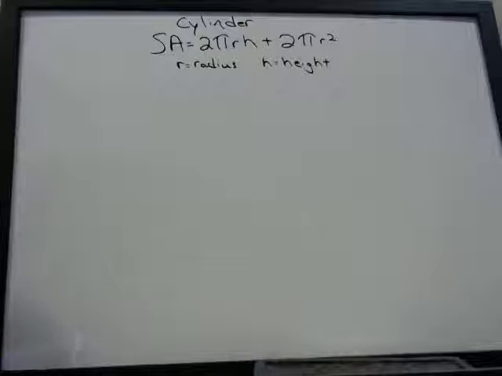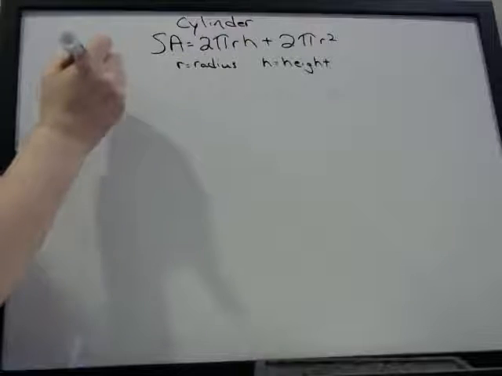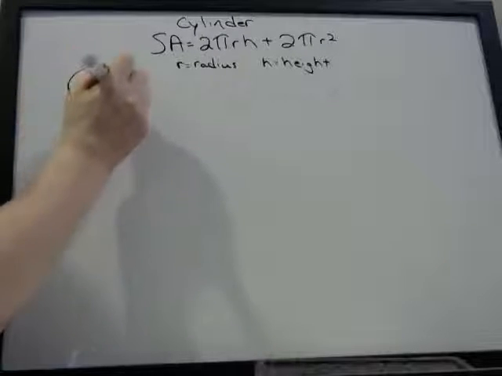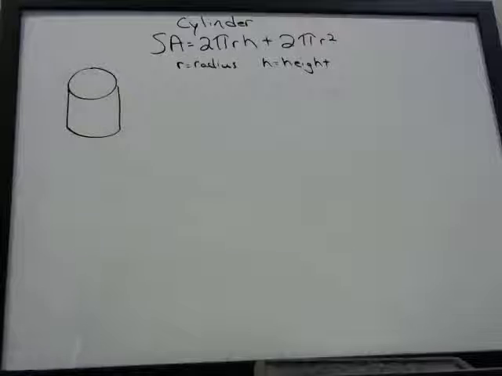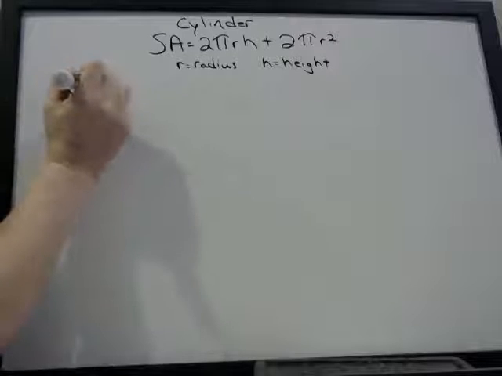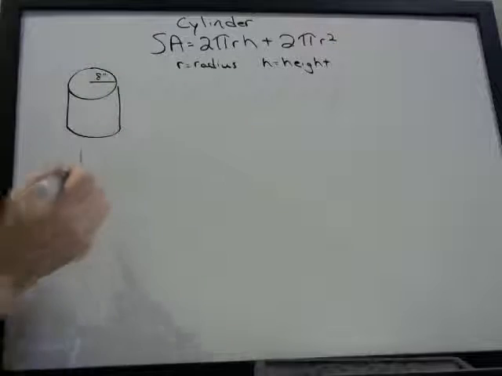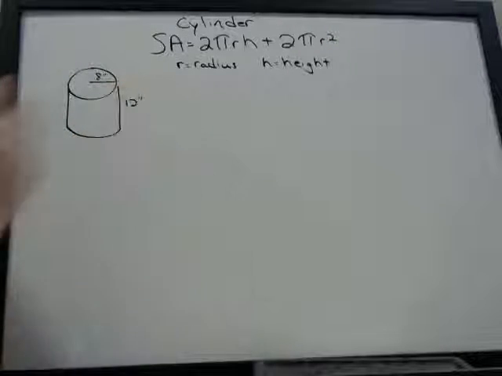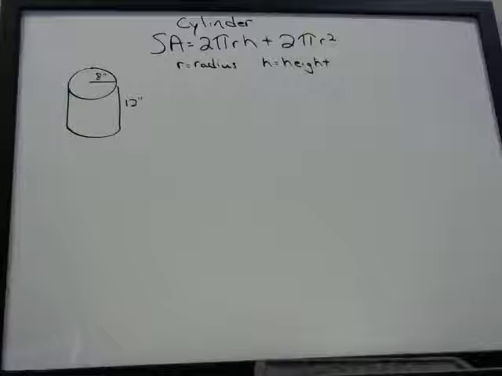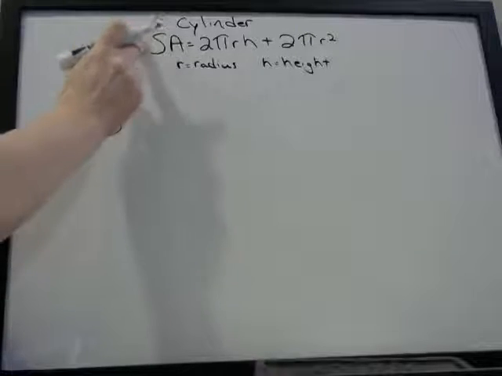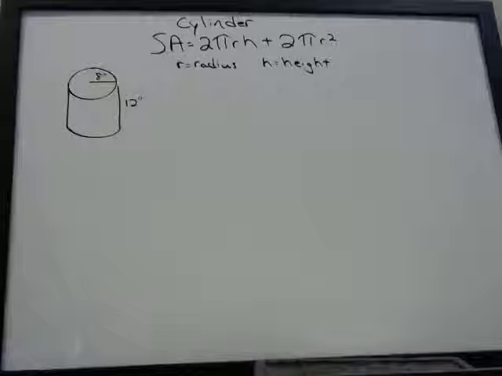So let's say we have a cylinder, and they tell us that the radius is 8 inches and the height is 12 inches. What is the surface area? So all we're going to do is plug these numbers into the formula.